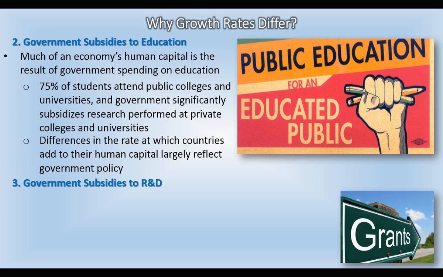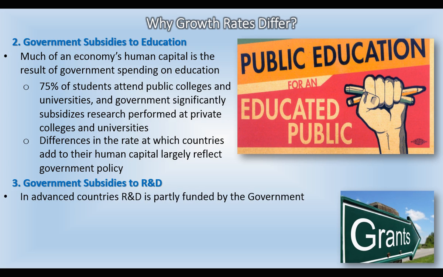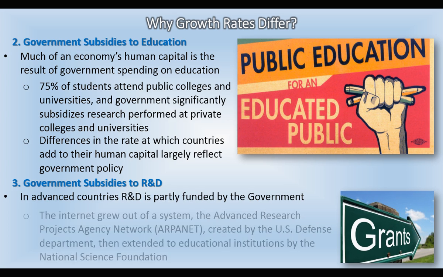And then finally, government subsidies to research and development. So again, although private firms are actively working towards developing new means of producing, governments also play a big role in that. So in advanced countries, R&D is partly funded by the government.